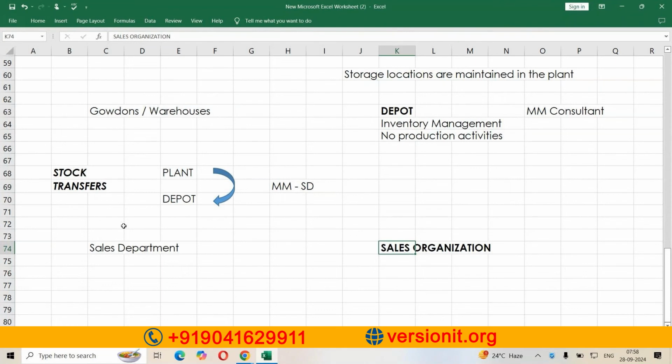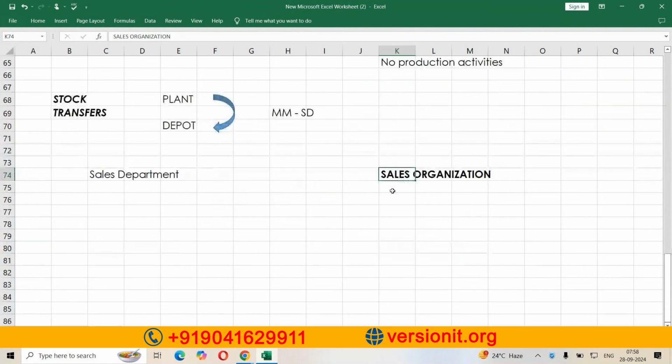What is the functionality of the sales org? The sales org is going to be responsible for selling the products.